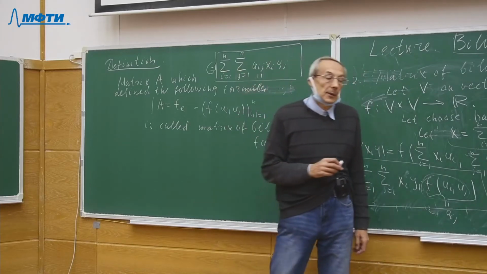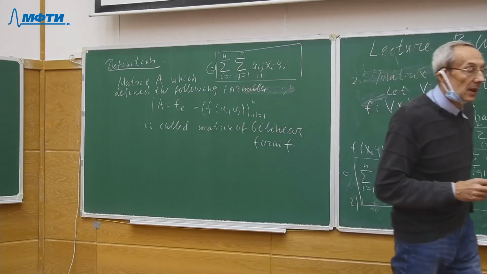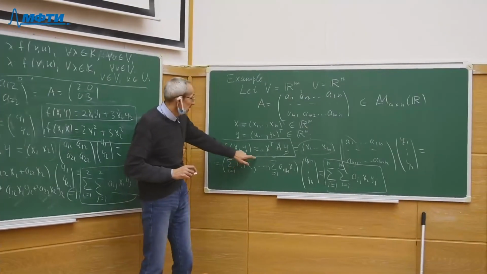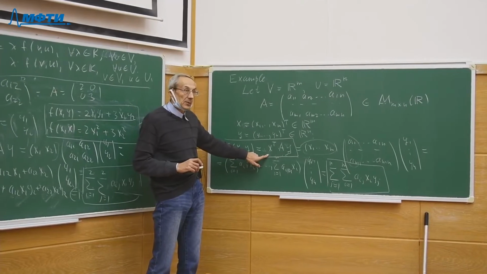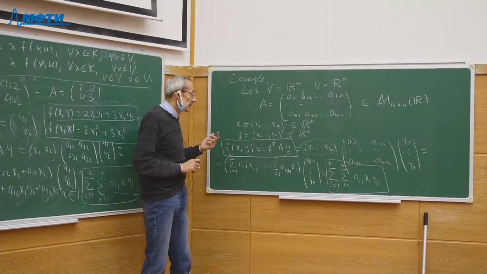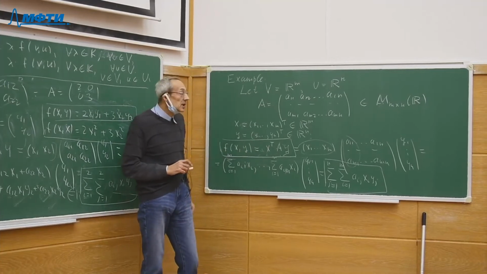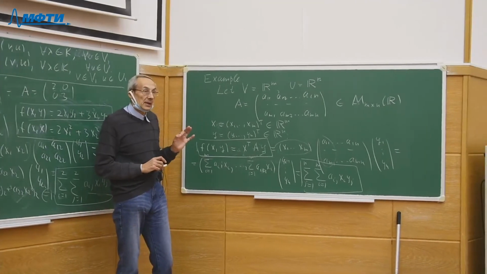We can present the bilinear form using the matrix, and any bilinear form can be written in the same form as a matrix product. But for such a presentation, we need to choose some basis.